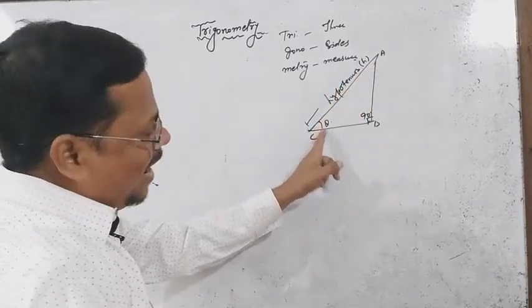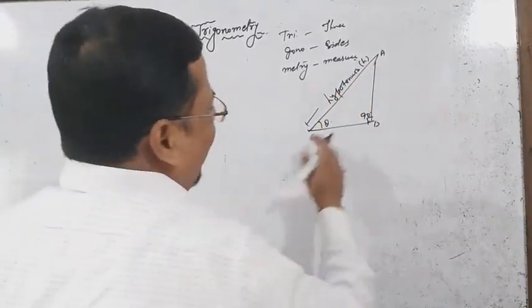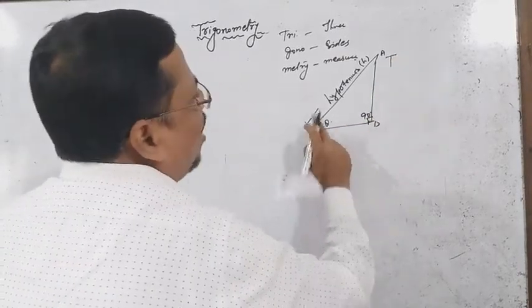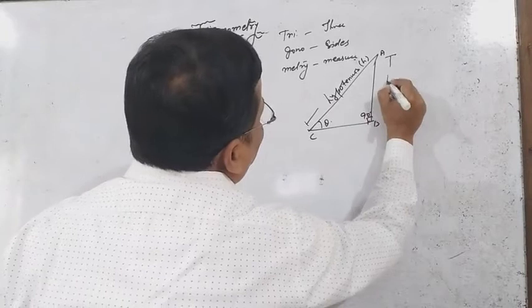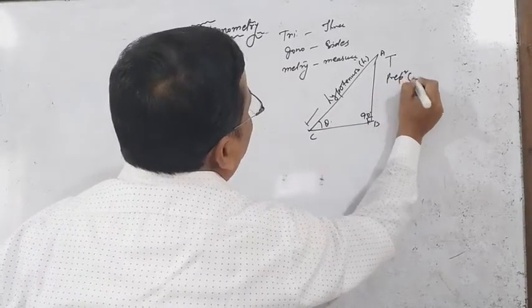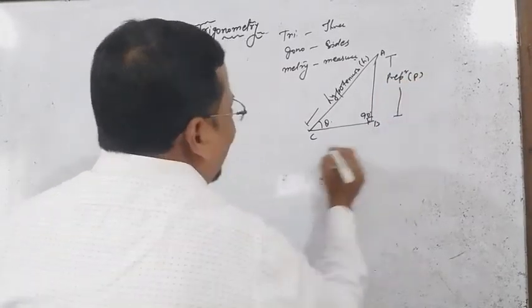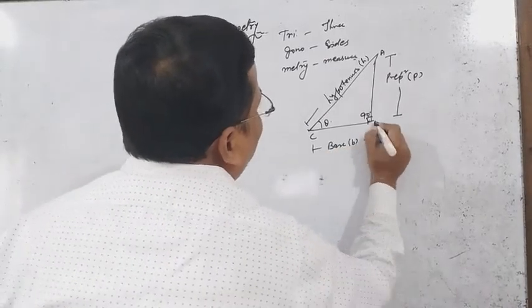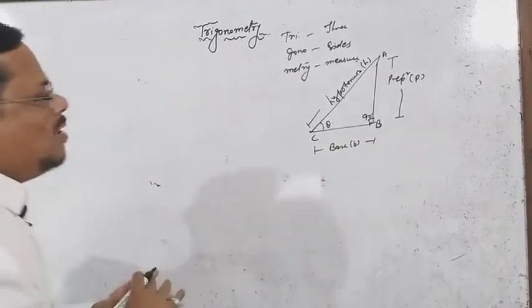Then, with respect to theta, we find the opposite side. The side opposite to theta is called the perpendicular. It is denoted by small p. And the rest side is called the base.